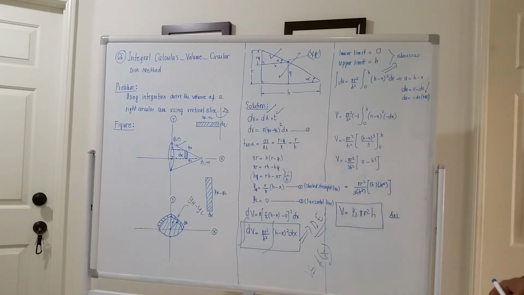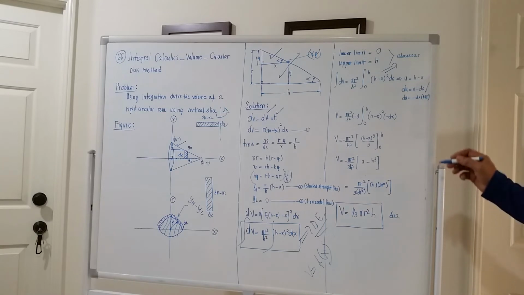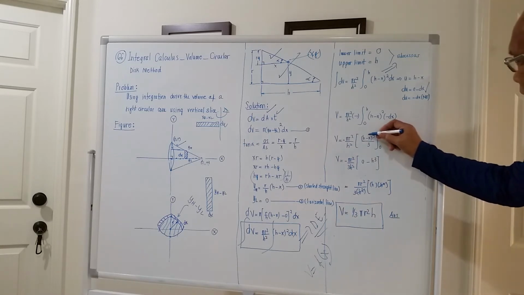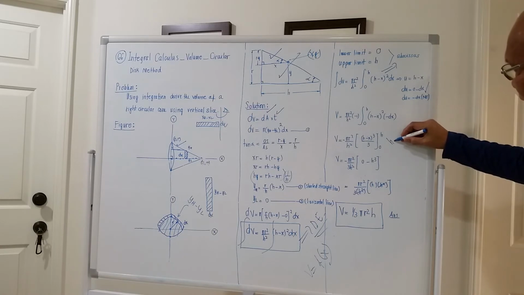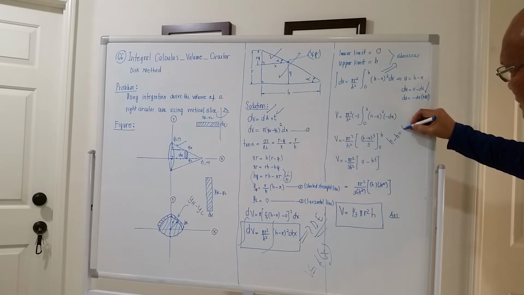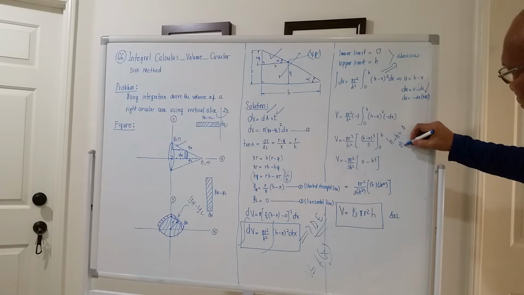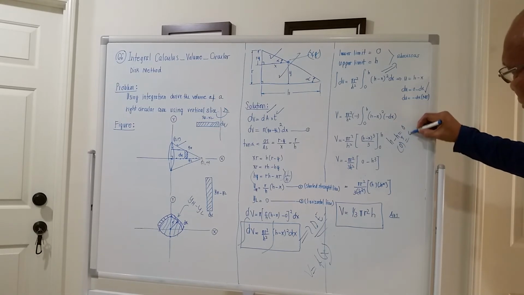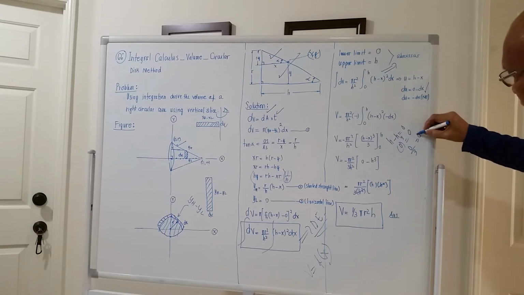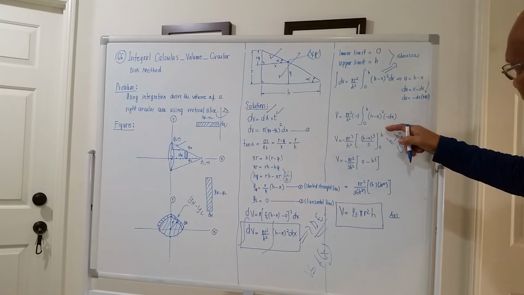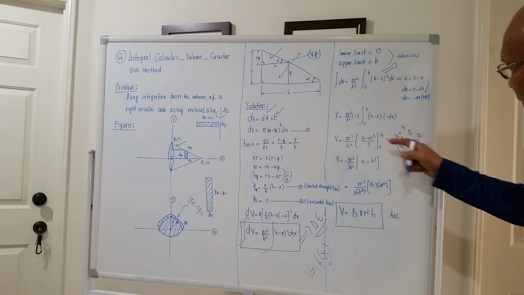So substituting the limits, if x is h, h minus h will be 0, 0 cubed will still be 0, and 0 over 3 will be 0. So when the upper limit is substituted, the value is 0.